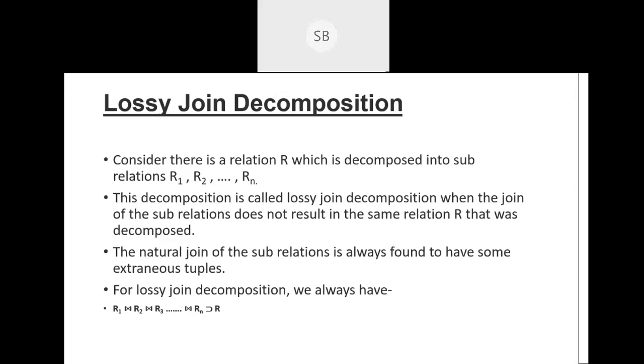For lossy join decomposition, we always have R1 natural join R2 natural join R3 to Rn a subset of R. In lossless it was equal to R, but here it is not equal to R. That means we are getting a subset, but it is not the original relation.